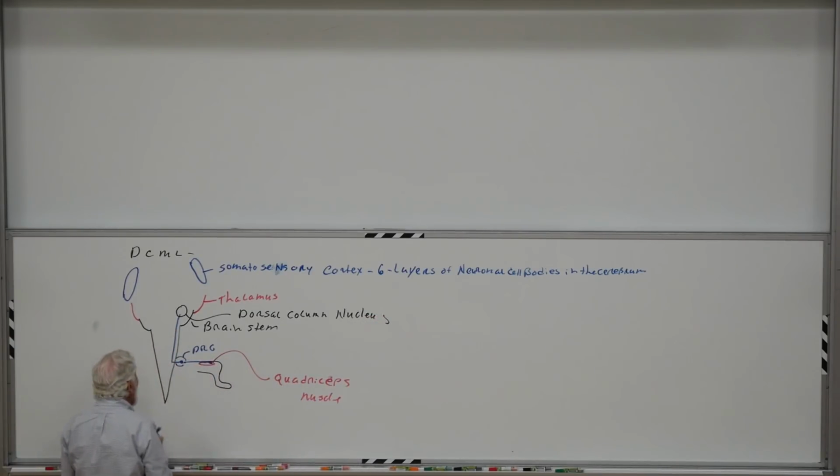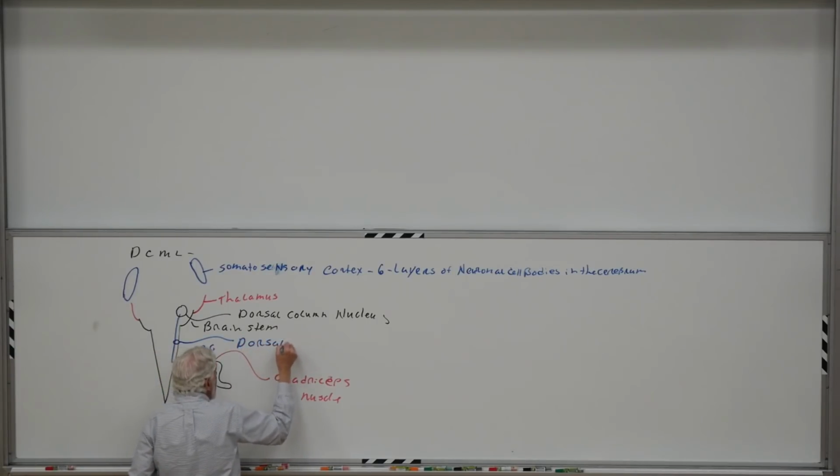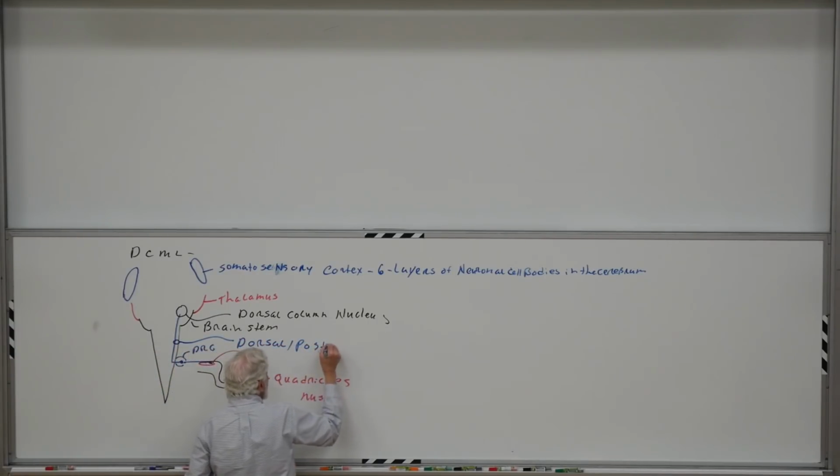And we said that the pathway that this conductal region was located in was said to be the dorsal or posterior column.